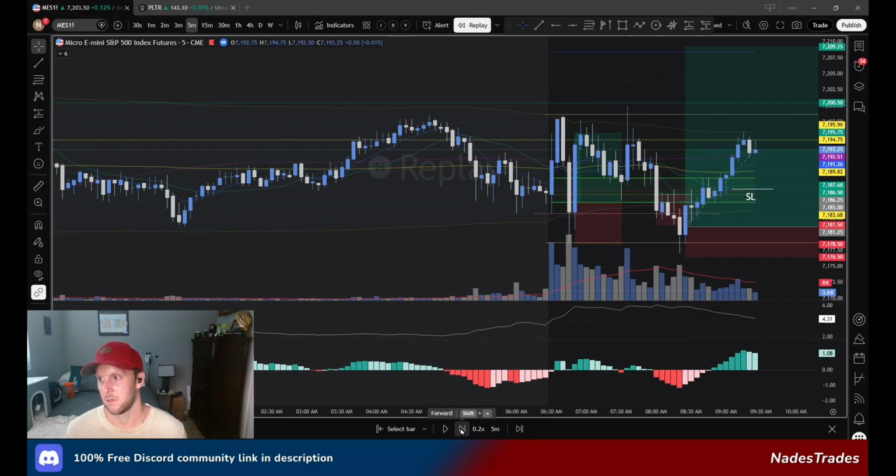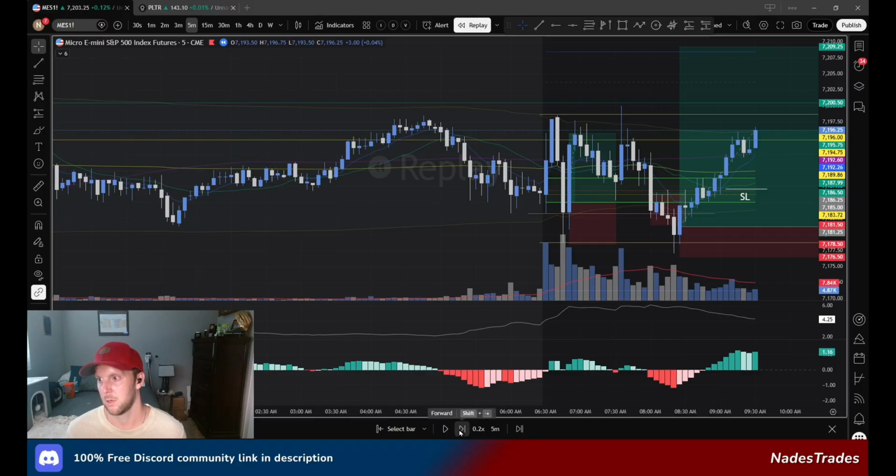Price came back, held our intraday EMA. Really, this 9 should hold, but what I want to see for continuation on trend type days is this green 21 SMA hold on any pullbacks, and you'll see that it does come into play here.